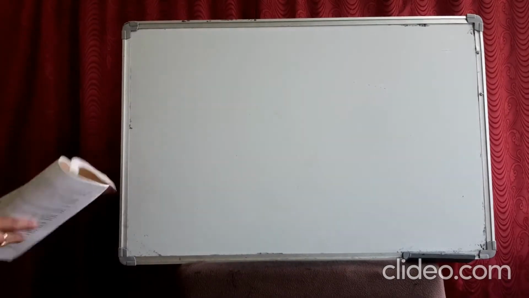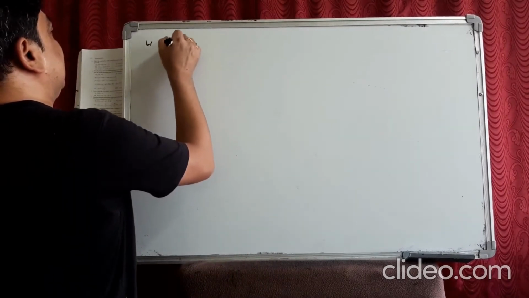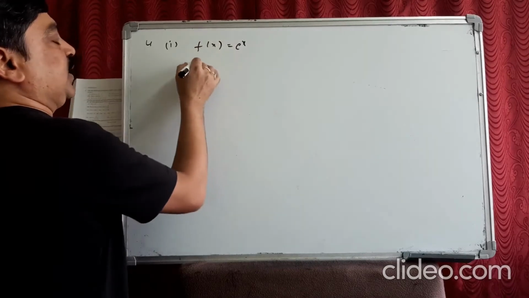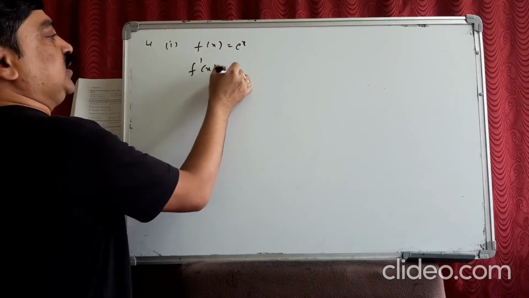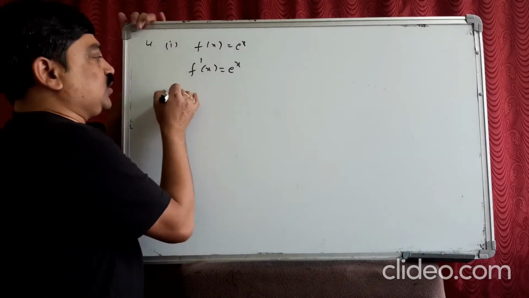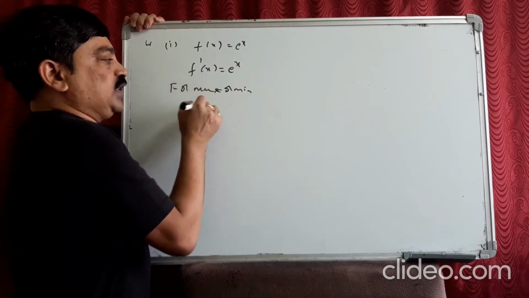See, in the fourth question, you are asked to prove something. There are three functions here. Prove that these don't have maximum or minimum. First of all, we know the process, derivative we take. For maximum or minimum, f dash x should be equal to 0.